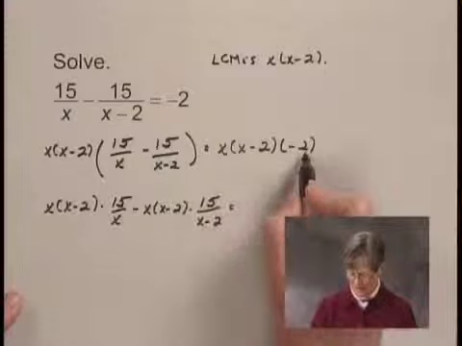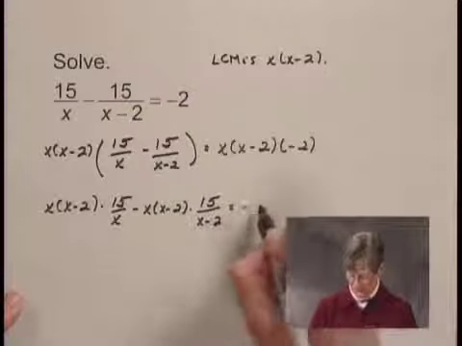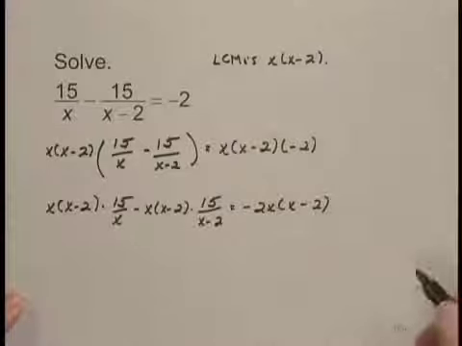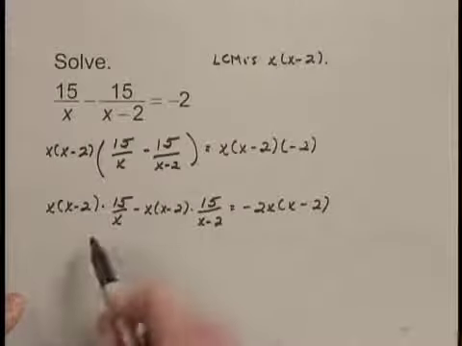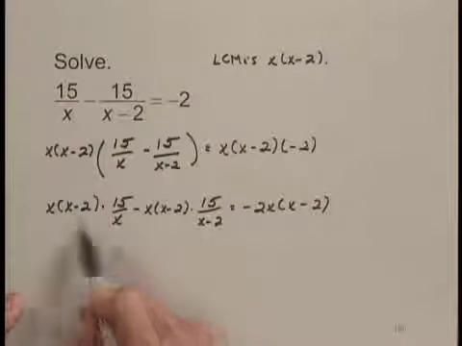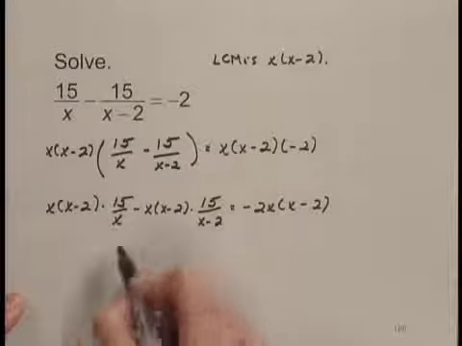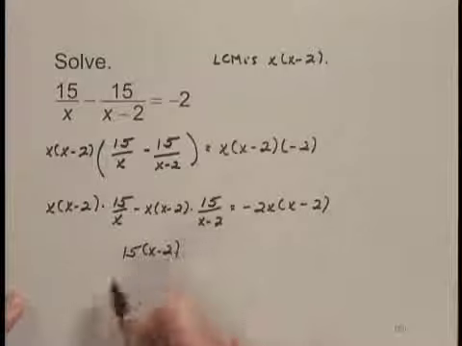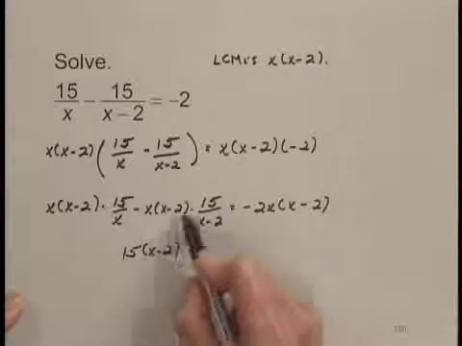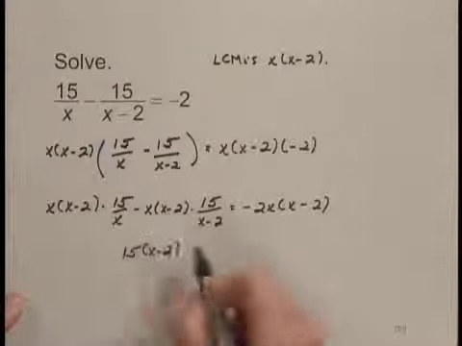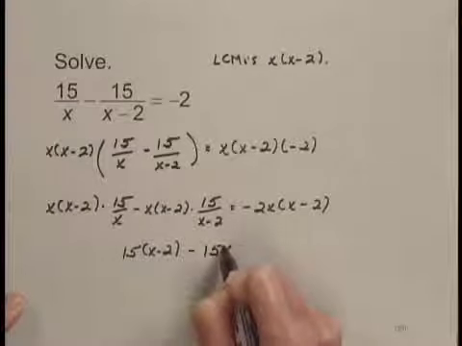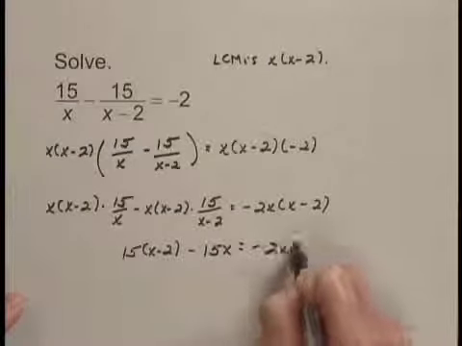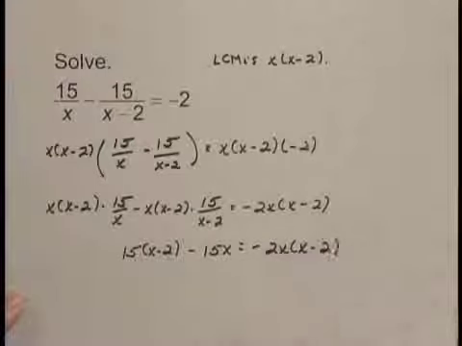And I'm going to rewrite this, multiplying the negative 2 and the x, as negative 2x times x minus 2. Now when I do this first multiplication, the x's cancel, so I'd have 15 times x minus 2 left. When I do this one, I can think of canceling the x minus 2, so I'm going to have minus 15x, and that's equal to minus 2x times x minus 2.